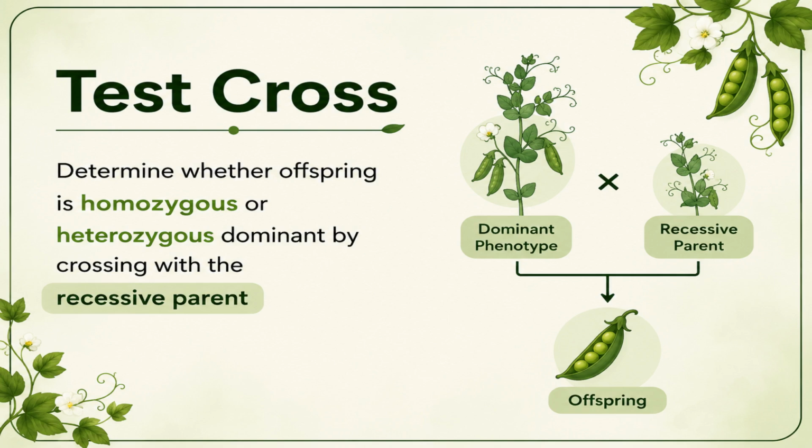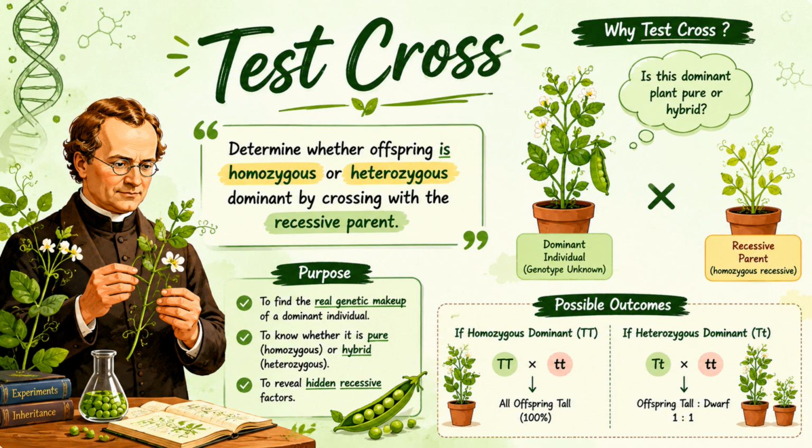Because recessive traits remain hidden in normal conditions. So crossing with a recessive parent helps reveal the hidden factors present in the dominant individual. This way, Mendel was able to identify whether the dominant-looking organism was pure or hybrid. So remember, students, test cross is mainly performed to identify the genotype of an individual showing the dominant phenotype.